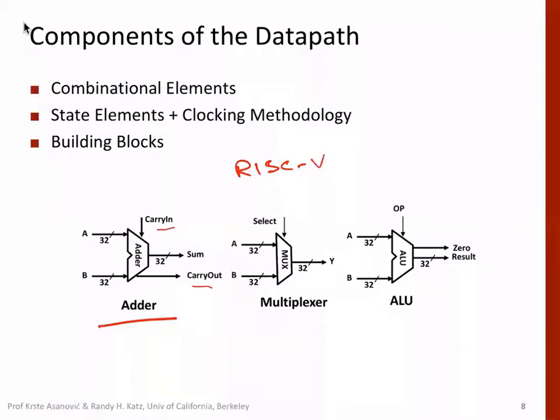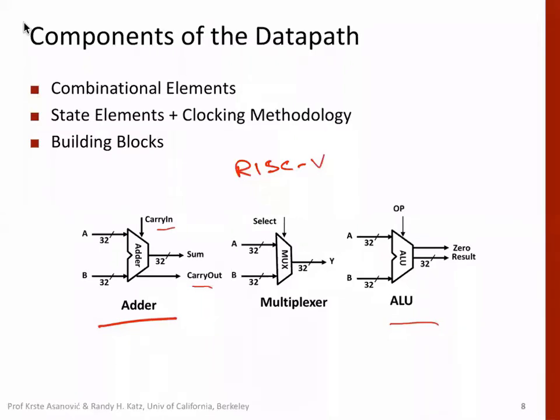So this is a very top level view of the adder. Similarly, we have the mux, with 2 inputs and 1 output, and then we have the ALU. These are very simple diagrams, and they represent only the conceptual level.